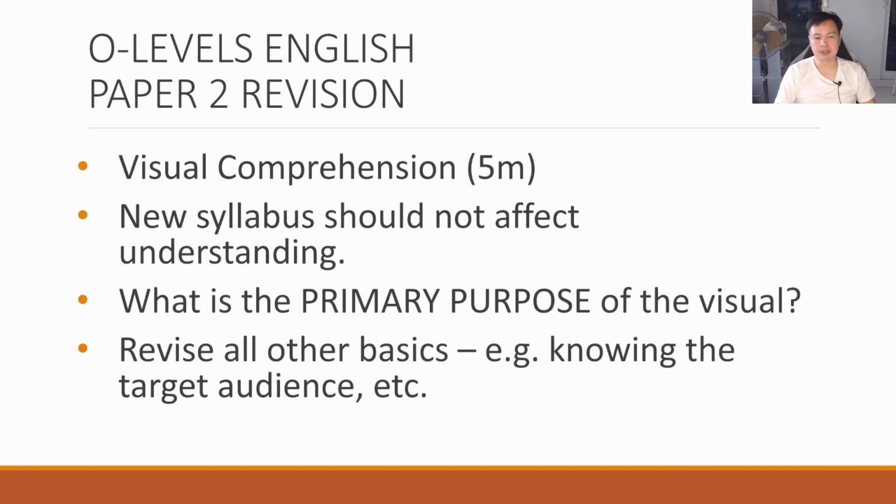For example, if you get an exercise with a photograph of an adult together with a group of children, and the primary purpose of the visual is to recruit teachers, right? Recruit teachers, so you're showing the adult is likely to be a teacher, right, with a group of students. And who do you think the target audience is? Is it for the kids? Obviously it's not, because it is a recruitment poster meant to recruit teachers, right?